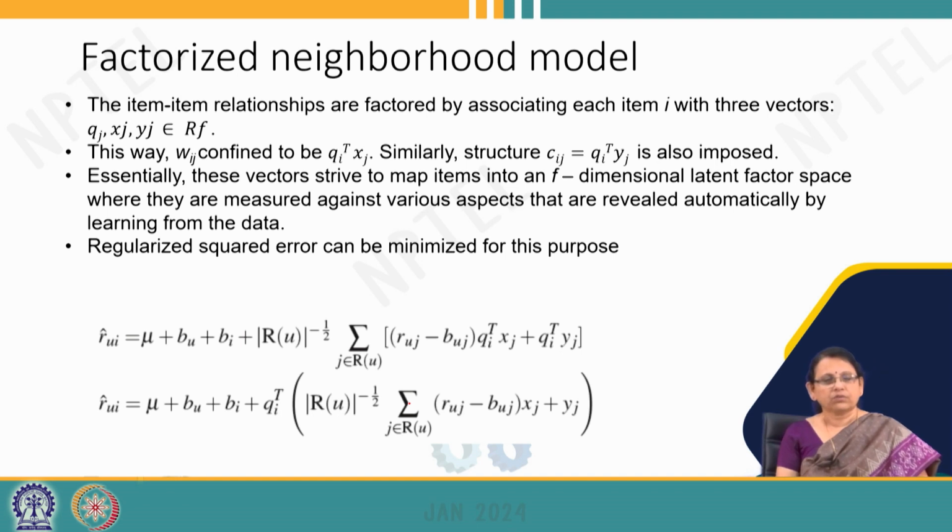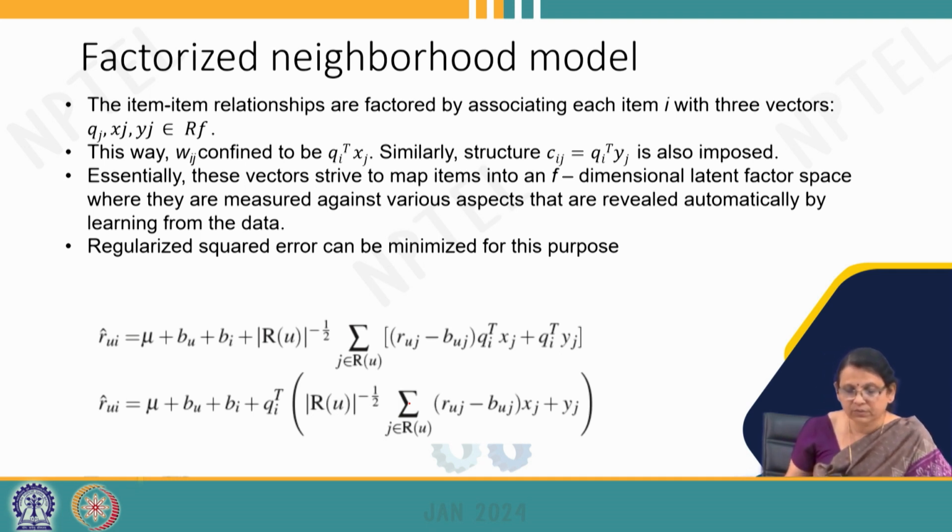We can now think of integrating this user and item factors in this model as well. We can think of integrating user and item factor with this. So, how do we do it with the neighborhood model? So, this part comes from the neighborhood model. Now, in this we are limiting ourselves only to items. So, with respect to item, this is the item rating, this detail is coming from the neighborhood.